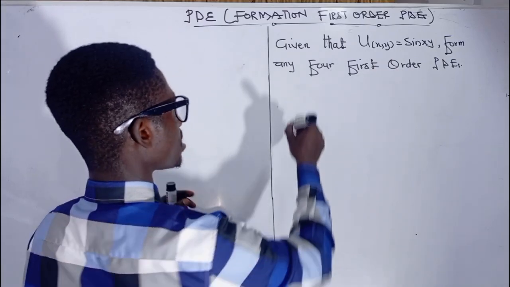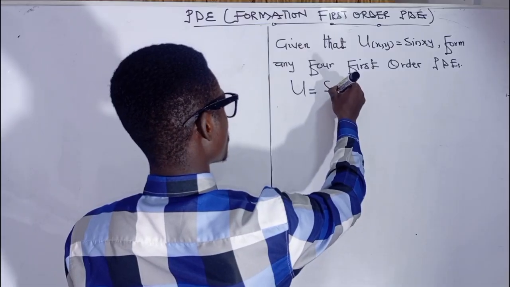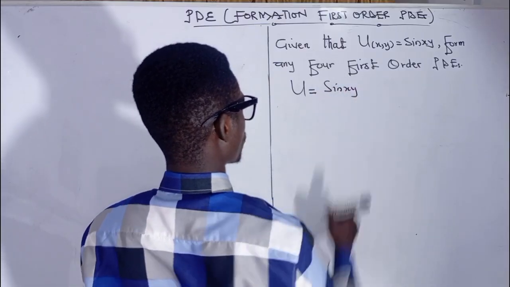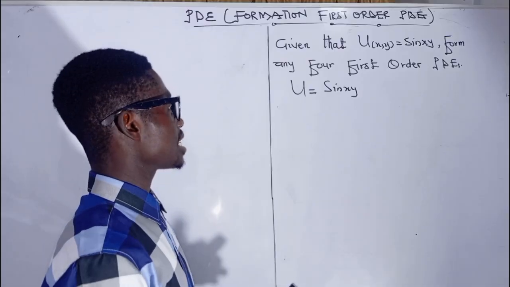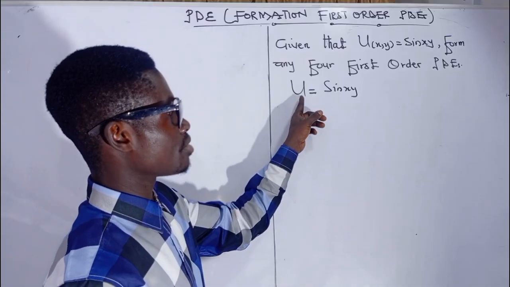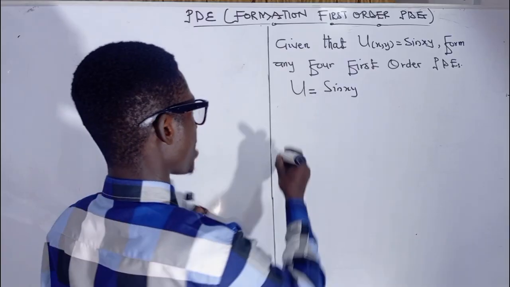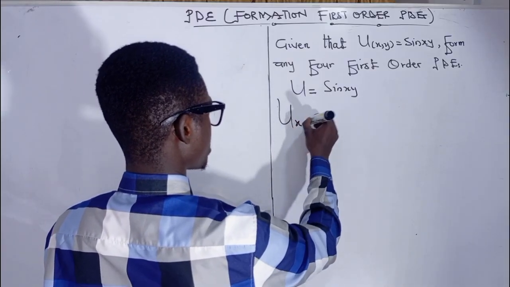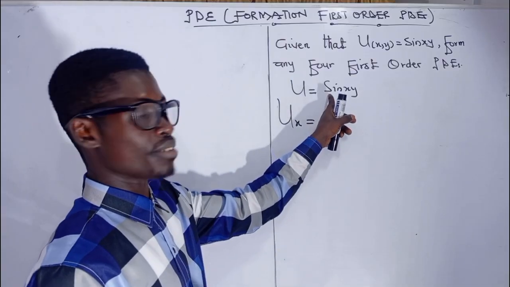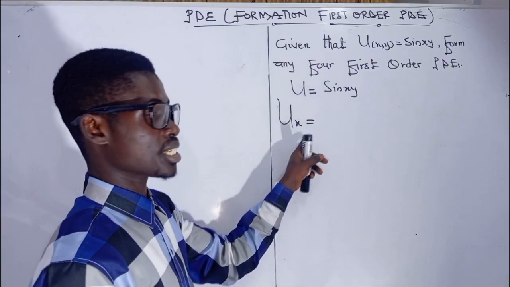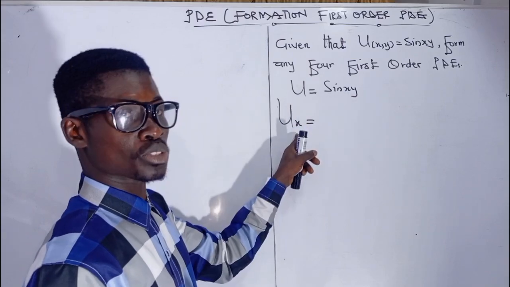So from here, our function is giving us u = sin(xy). So once we have this, the next step is to take the first partial derivative of the function u with respect to x. So we have our u_x is equal to. In taking the partial derivative of the function u with respect to x, we differentiate the outside, then we differentiate the inside with respect to x.